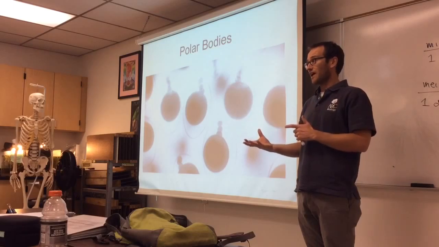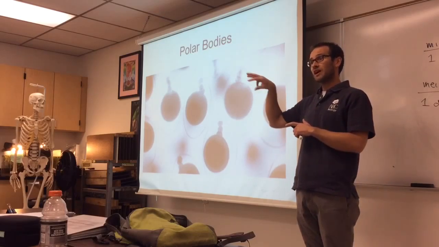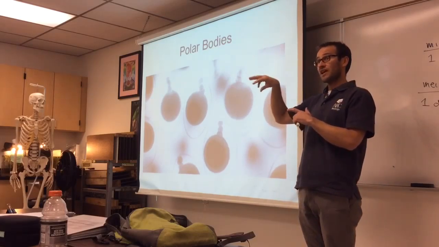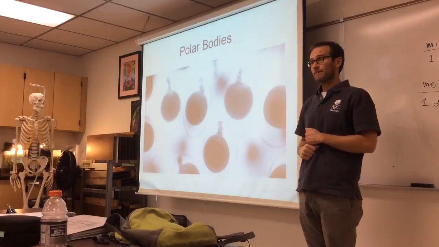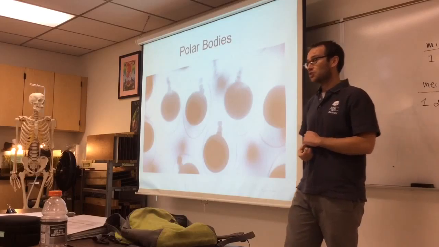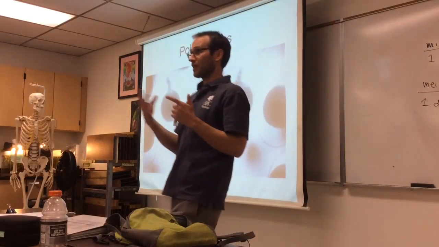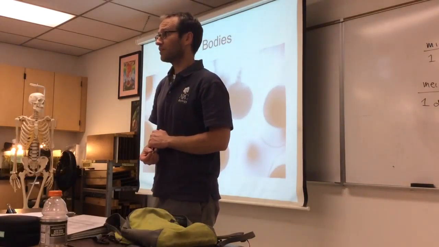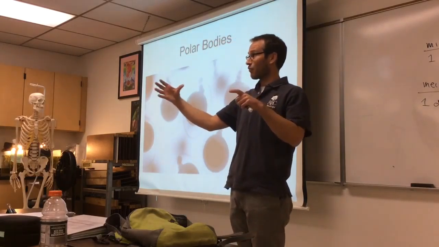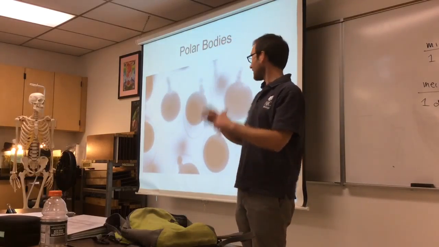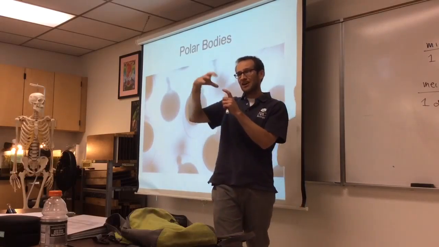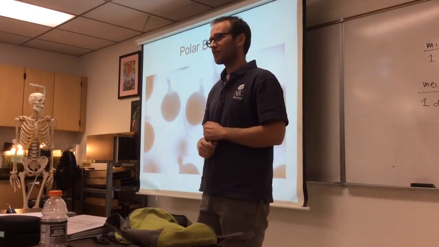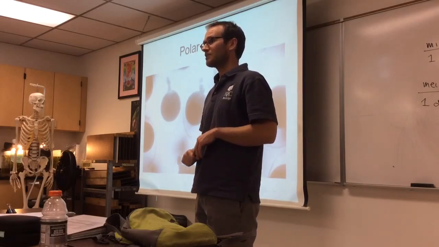You produce 1 egg and 3 nuclei that have genetic information in them but aren't actually involved in fertilization. So when you actually look at a human meiosis to produce an egg, you don't take it to the end and make 4 eggs. You make 1 egg and 3 little supplemental nuclei that basically are kind of shunted off to the side. And they're referred to as polar bodies.